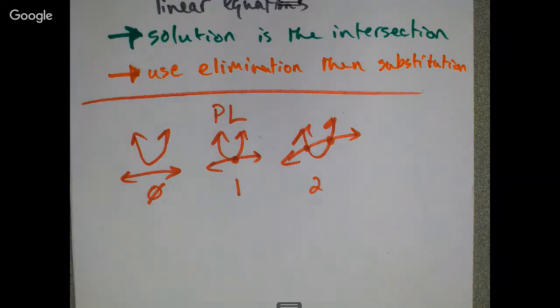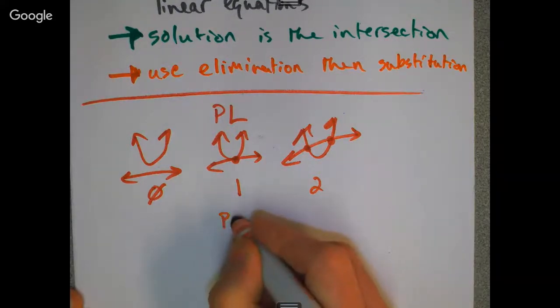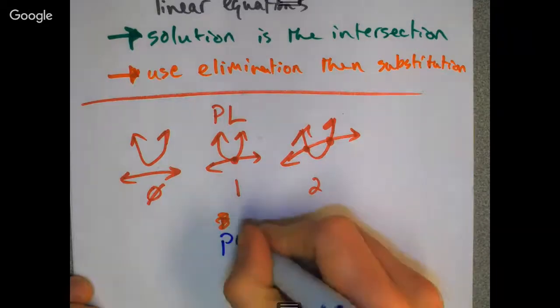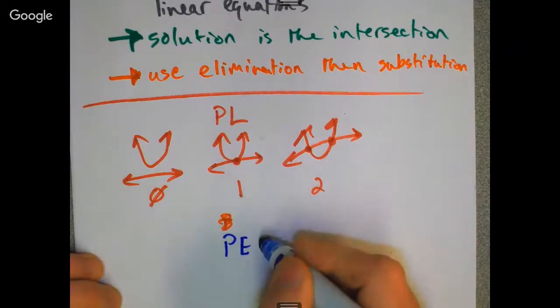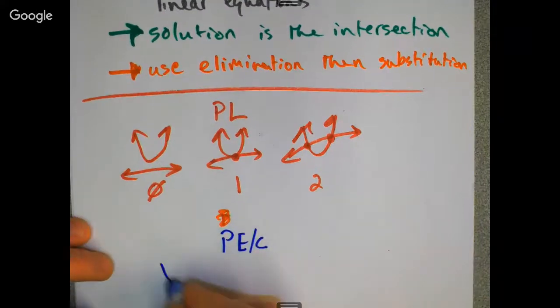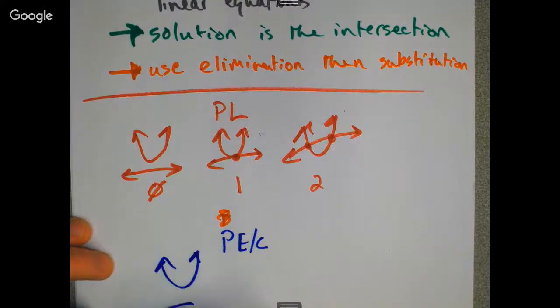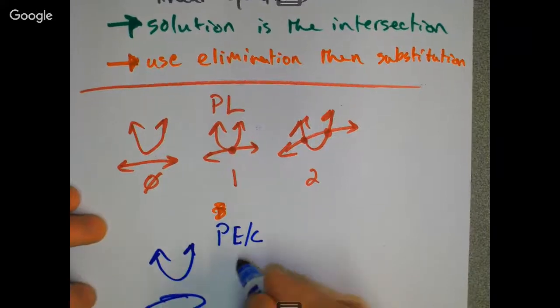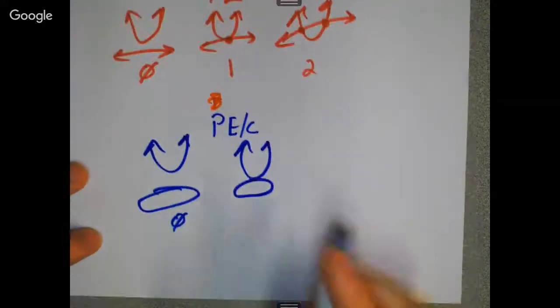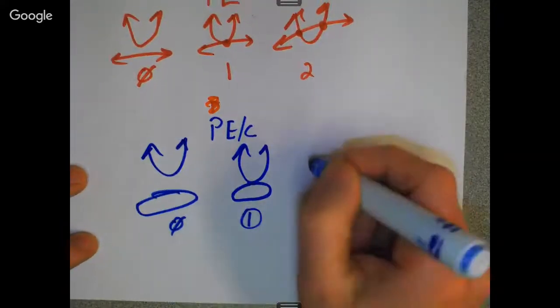We can then go to, what about a parabola and an ellipse, or circle? They're both kind of the same. They don't have to intersect, so no solutions. They can intersect at 1 point, so we can have 1 solution.